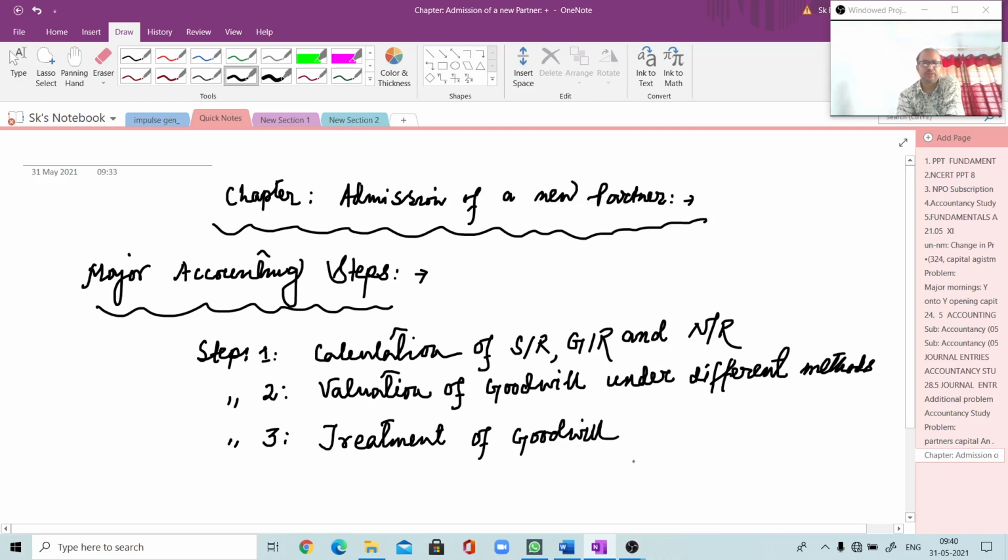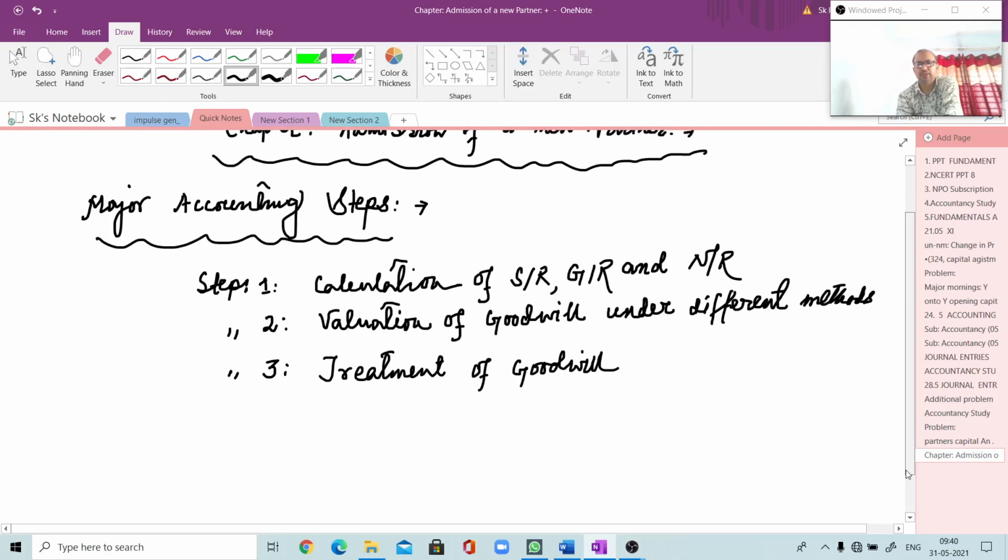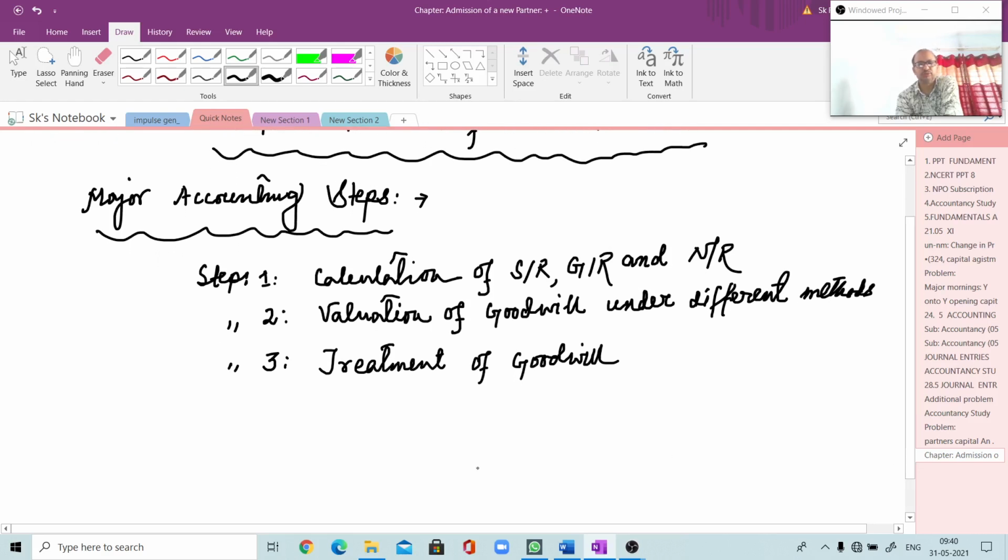Here also some methods are there: the premium method, memorandum method, private payment method, and elimination method. Altogether 4 methods are there which you have to learn newly.